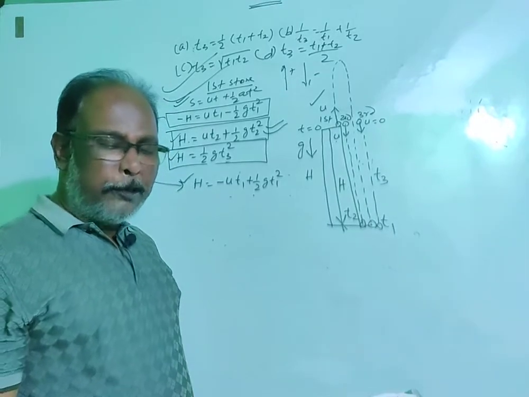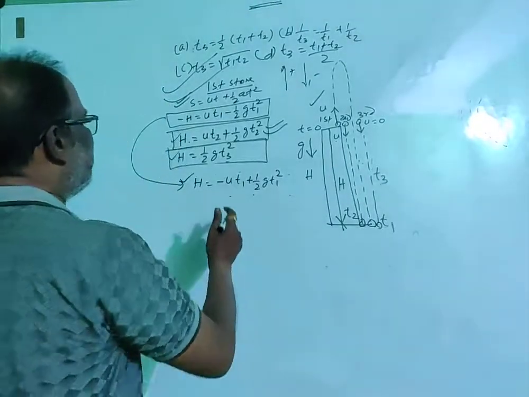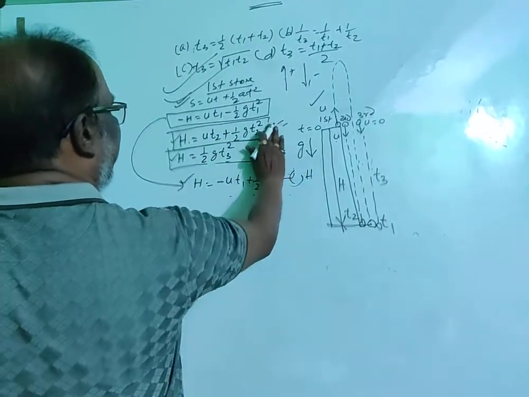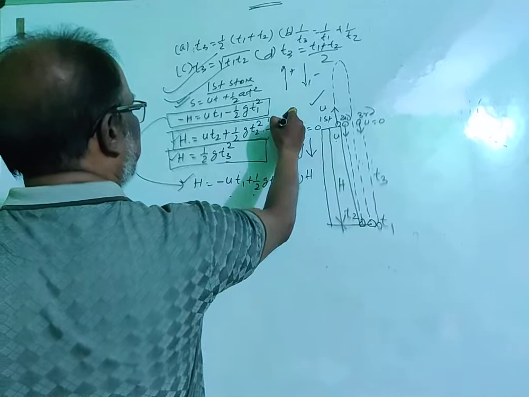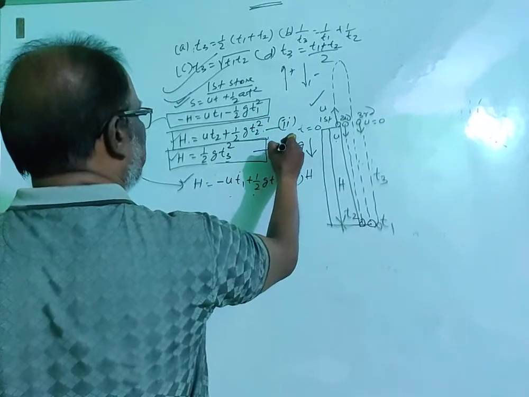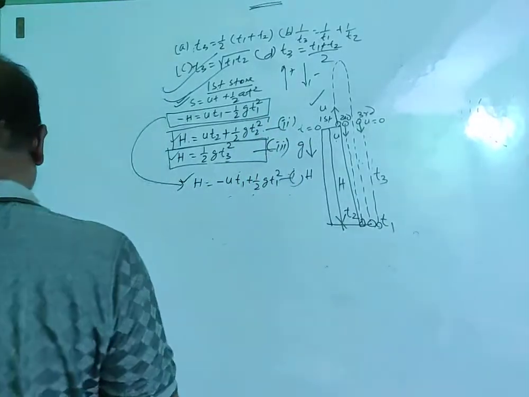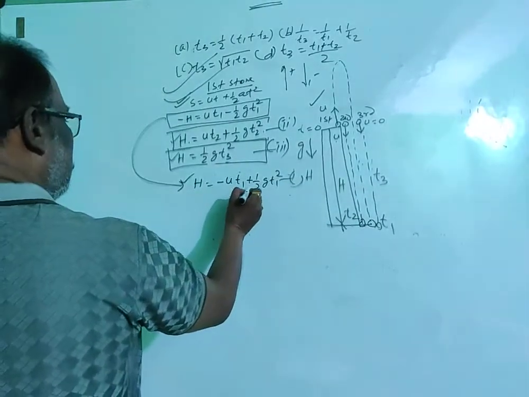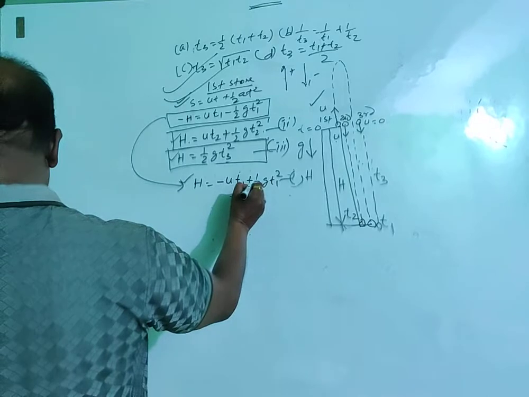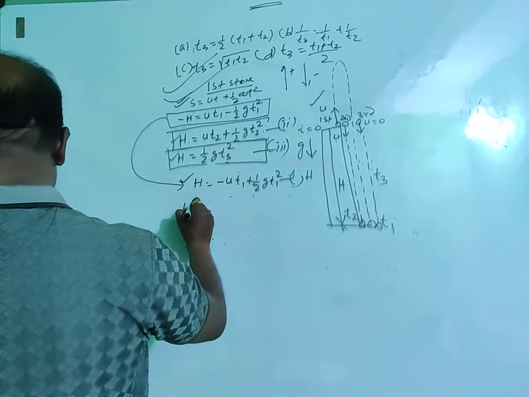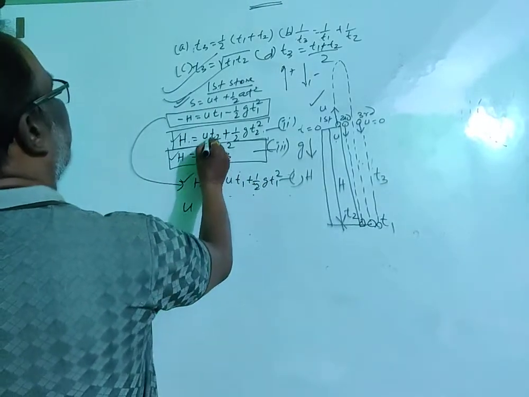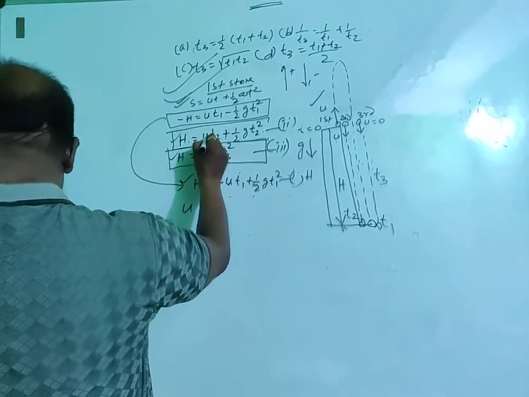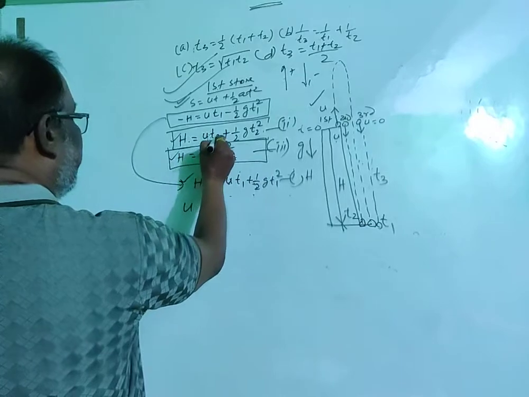Okay. Now we may solve it. So this is equation 1, this is equation 2, and this is equation 3. Is it correct? Okay. Now you may find u. Here ut1, and here ut2.